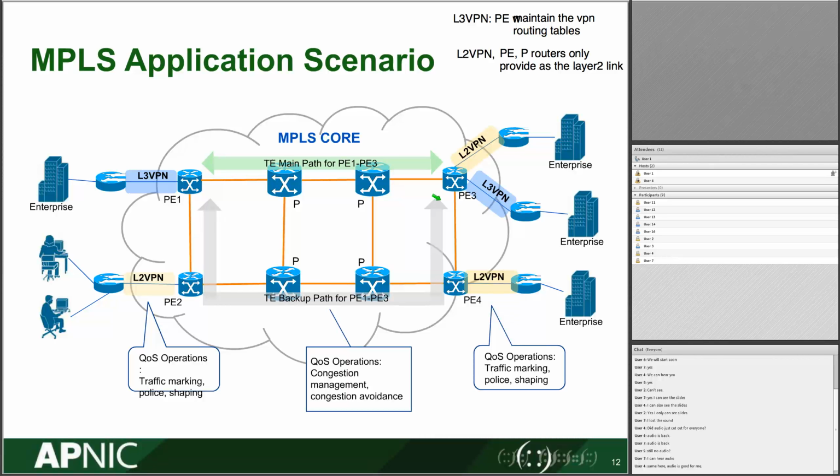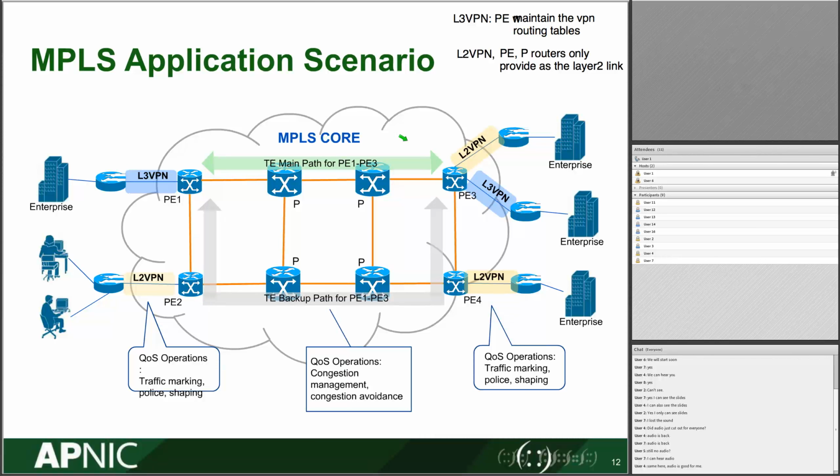And another feature is quality of service. The quality of service still uses a differentiated model. So when the traffic comes in, the border routers, the PE routers, can do traffic shaping or marking, remarking from the DSCP, mapping the information to our TC, traffic class.